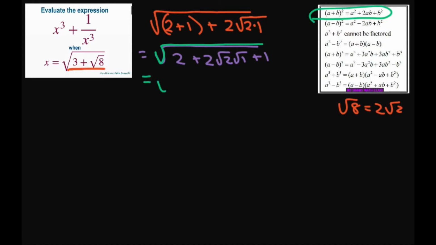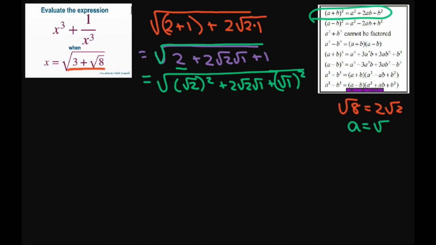So again, I can simplify this as square root of 2 squared, because that gives me a 2, plus 2 square root of 2 square root of 1 plus square root of 1 squared. So that means my a equals square root of 2 and my b equals square root of 1, which is just 1.